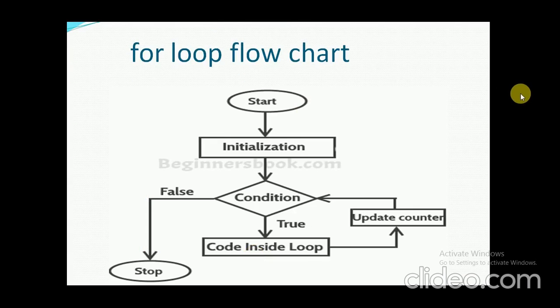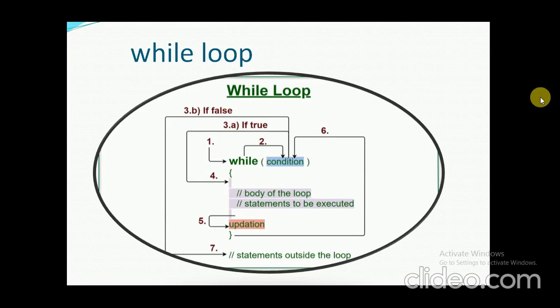Now we'll see the next loop, that is the while loop. The same process applies for while and do while. There, initialization, condition, and incrementation or decrementation will be done at the same position, but in while at different places. Now here we have while.